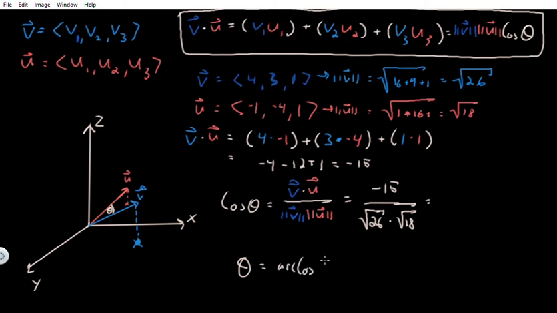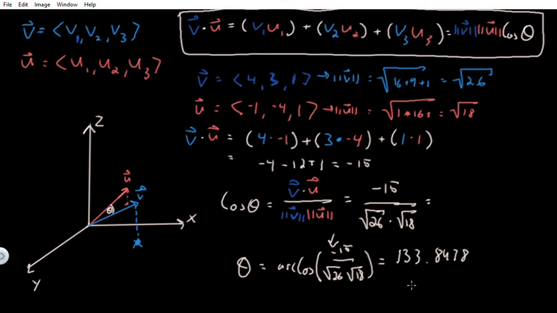Arc cosine of negative 15 over the square root of 26 times the square root of 18. Now notice, because of this annoying negative sign here, for my calculator, I get an angle of 133.8978.